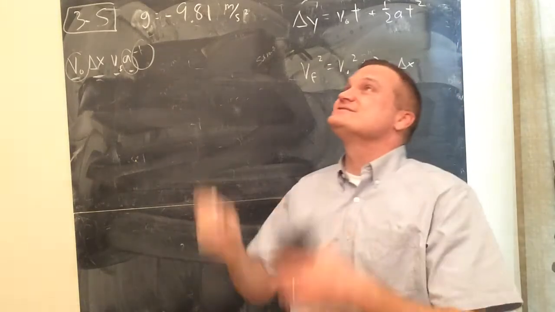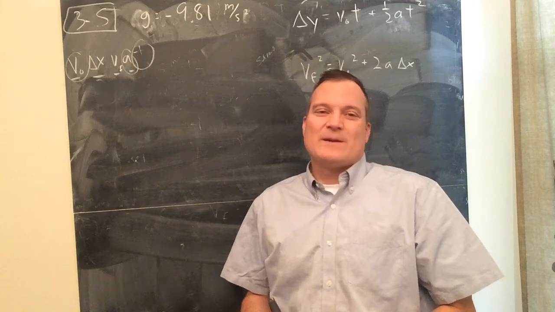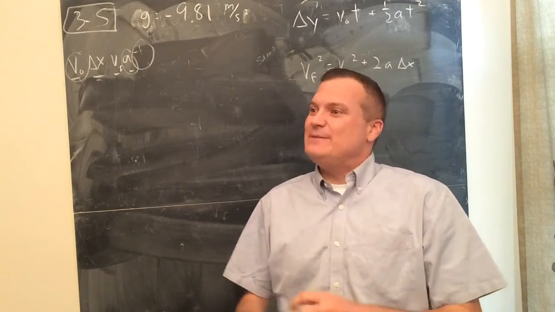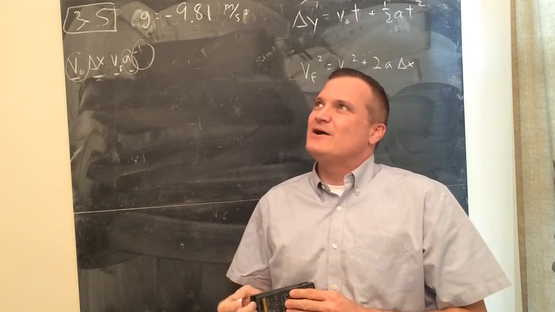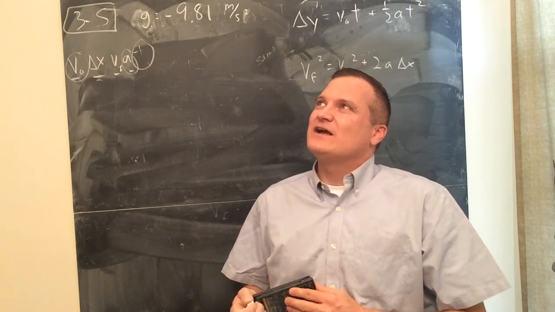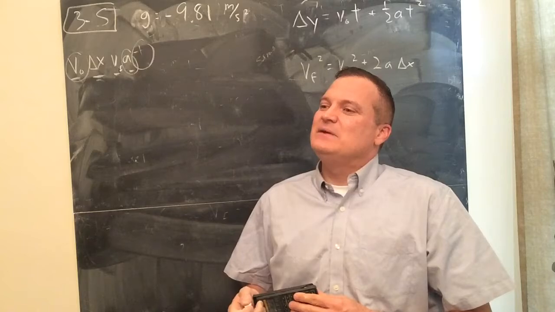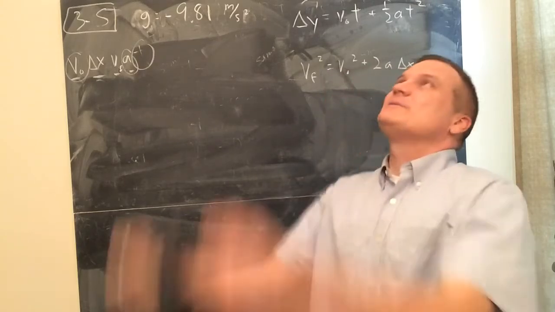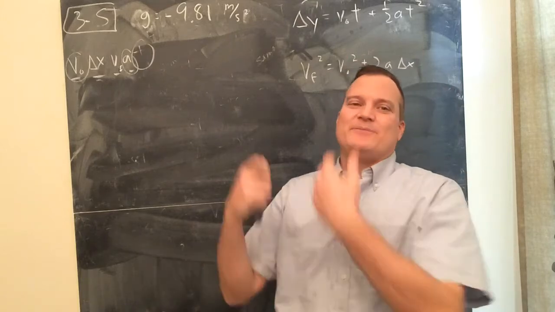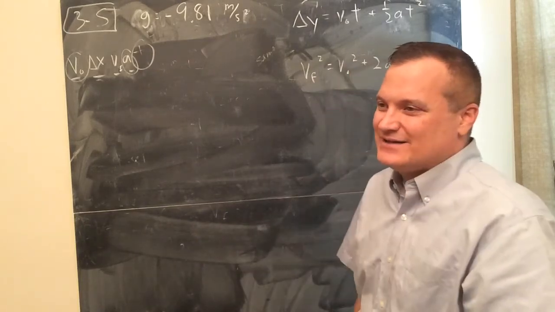Maybe you've got a friend and you're like, I don't want to walk up the stairs, I'm just going to throw this up 8 meters. Could that be a whole floor? It could be like an apartment. Going to throw it up to the 2nd floor.